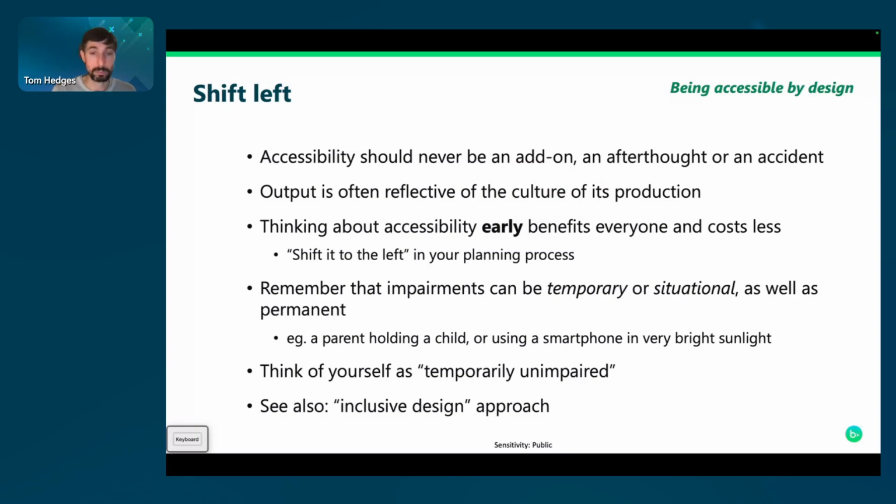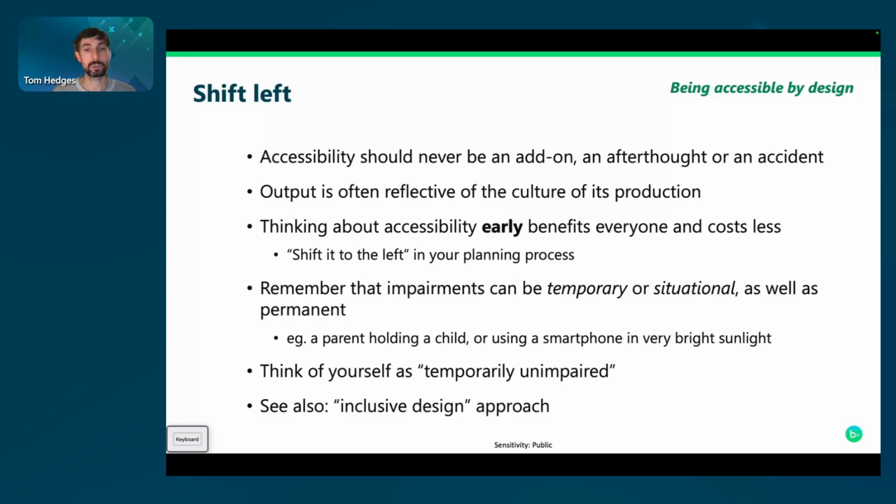It's worth thinking of yourself, whenever you're working on any of these projects, as temporarily unimpaired, because throughout the day there are going to be lots of situations in which you're impaired by holding a child or being in bright sunlight, but equally throughout our life we're likely to go through periods, particularly in later years, where we're probably going to experience some level of impairment, whether that's to our mobility, our vision, our hearing.